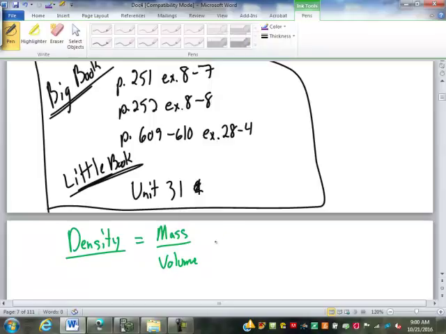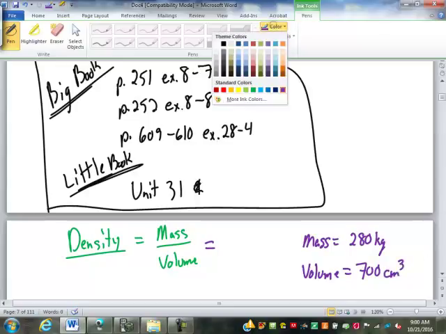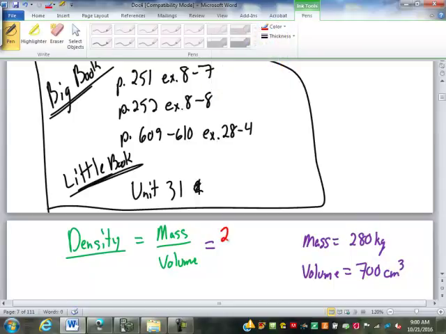If I tell you that something has a mass of, let's say, 280 kilograms and a volume of 700 cubic centimeters, the density is 280 kilograms over 700 cubic centimeters.